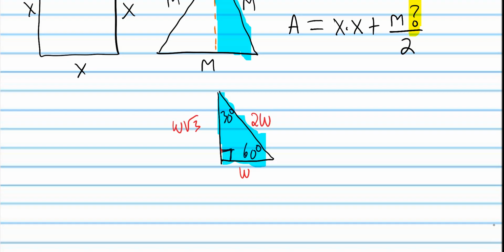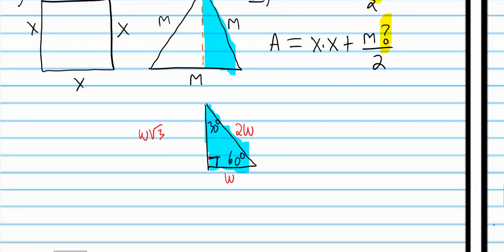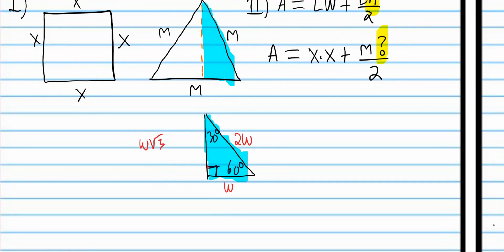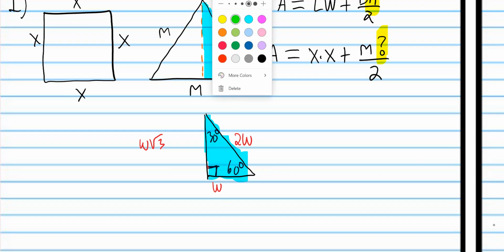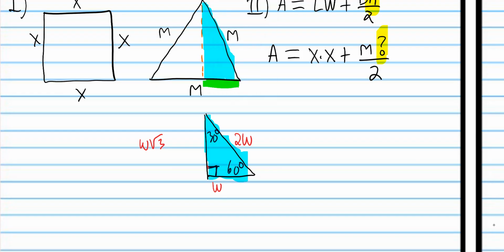Now you can use the Pythagorean theorem if you want to, but you don't need to because it's a 30, 60, 90 degree triangle. Now, do you agree that this green length here is half of m?